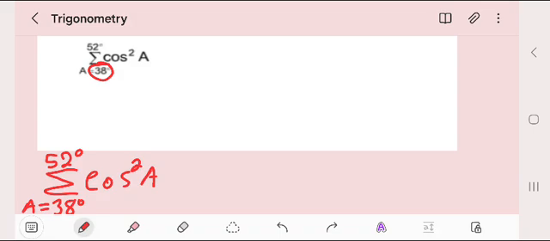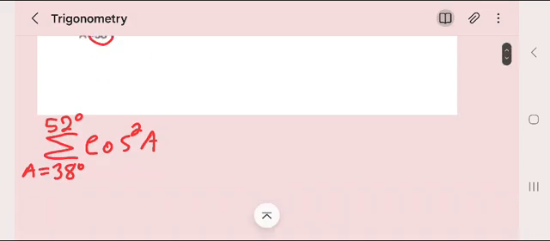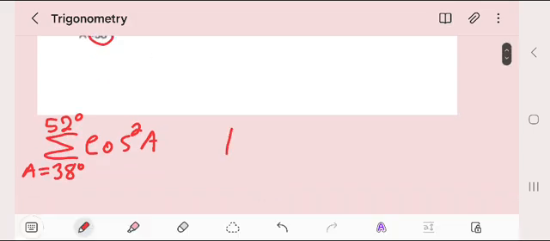So you'll simply substitute 38 degrees for a here.